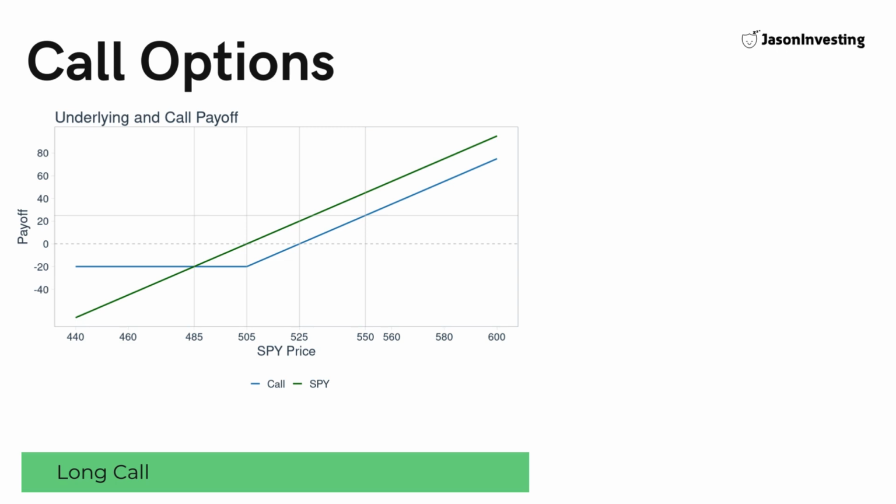And how does it do it? Okay, so if you think about what the definition of the call option, as we have seen earlier, is trying to say, for example, if SPY were to close, say, at 550, right? At 550, you have the right to buy the underlying, which is the SPY ETF, at 505, right?